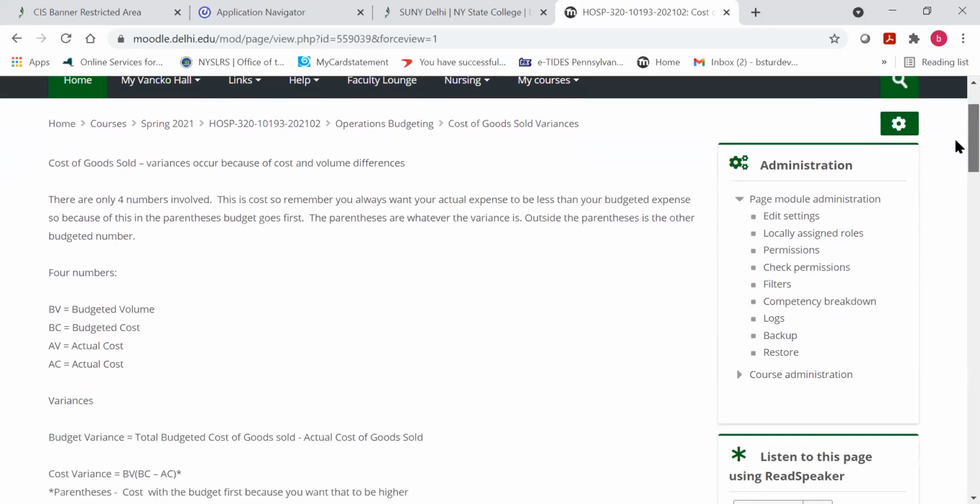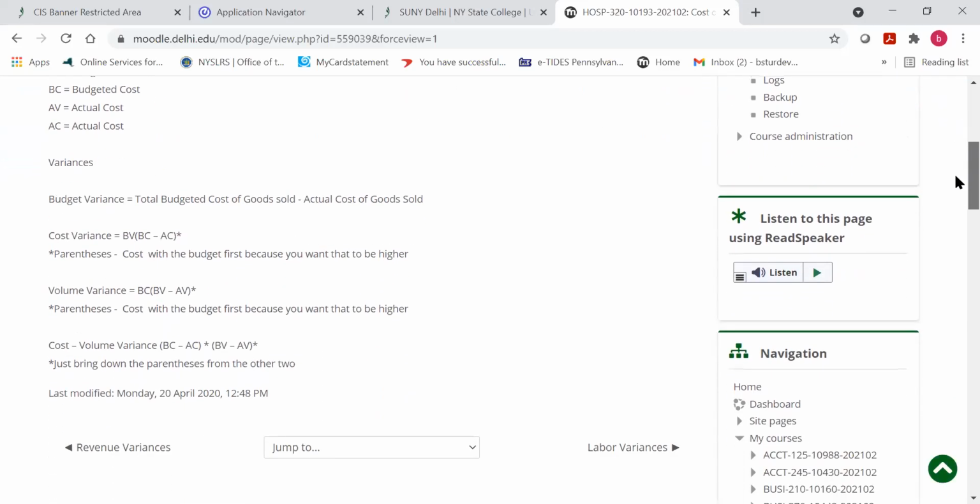So when we go down to the parentheses, you want to have in your parentheses, your budget goes first because you want that to be higher. And it's the same thing. If it's a cost variance, in the parentheses is cost.